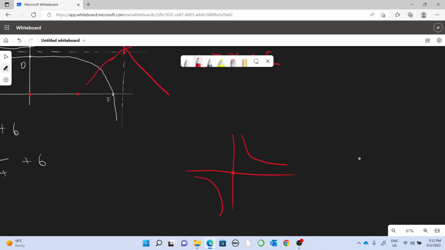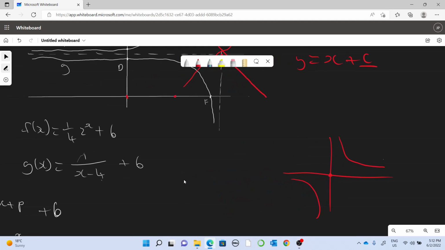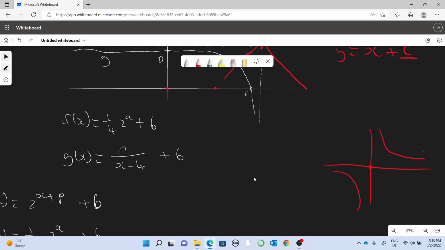But the hyperbola given here is different because they translated it by adding 6 to the function, and they also subtracted 4 from x. That means they shifted the function to the right by 4 places and upwards by 6. So my new asymptote intersection will be the coordinate (4; 6).